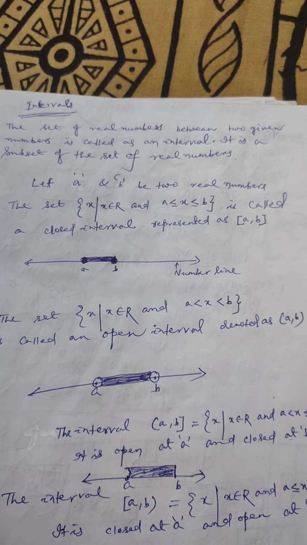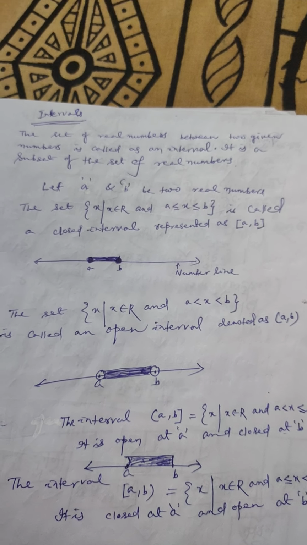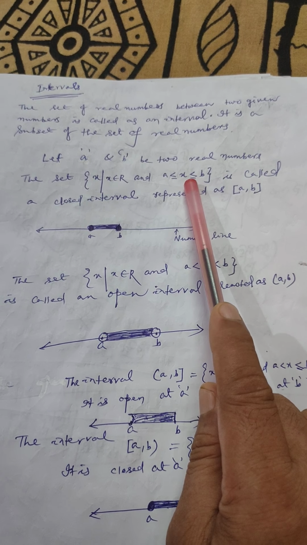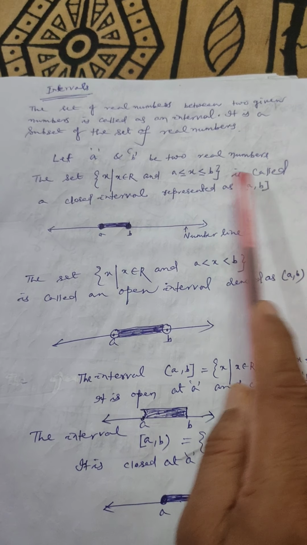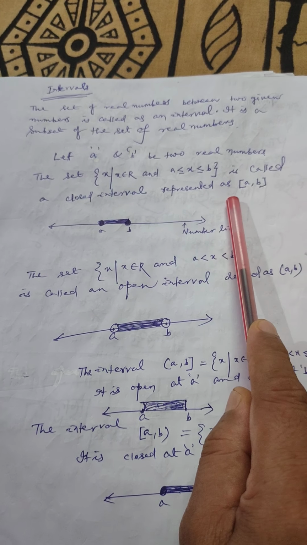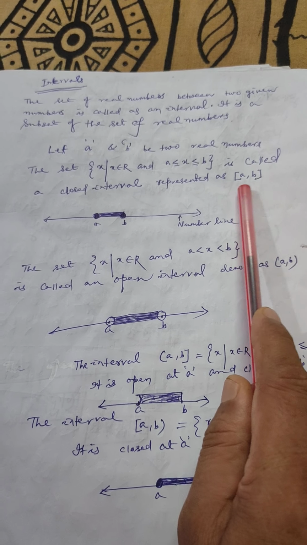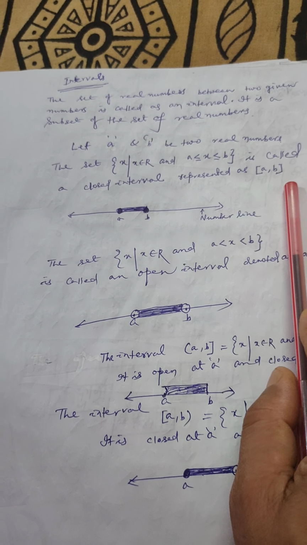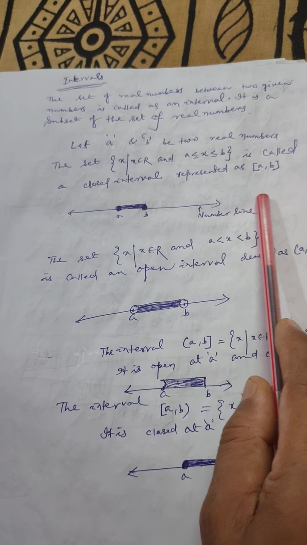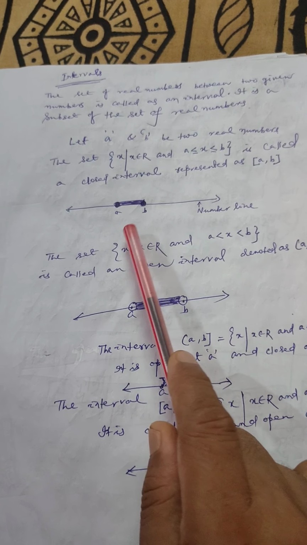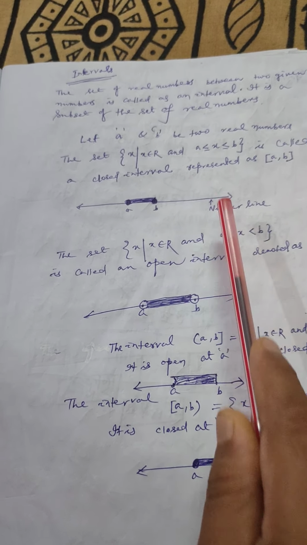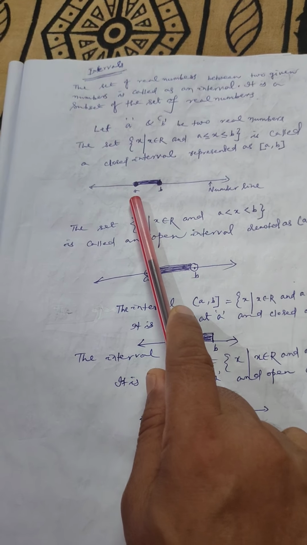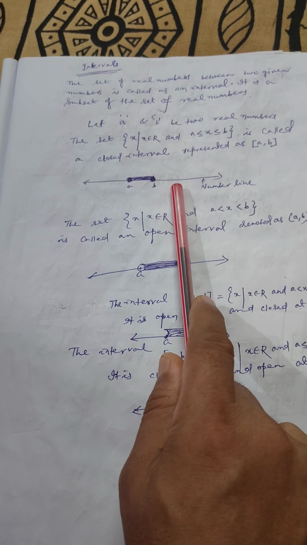The set of all x such that x belongs to R and a is less than or equal to x and x is less than or equal to b is called a closed interval, represented by square bracket a comma b and closing of the square bracket. This is a closed interval. It can be represented as shown in the number line. Here the interval includes the elements a and b also.